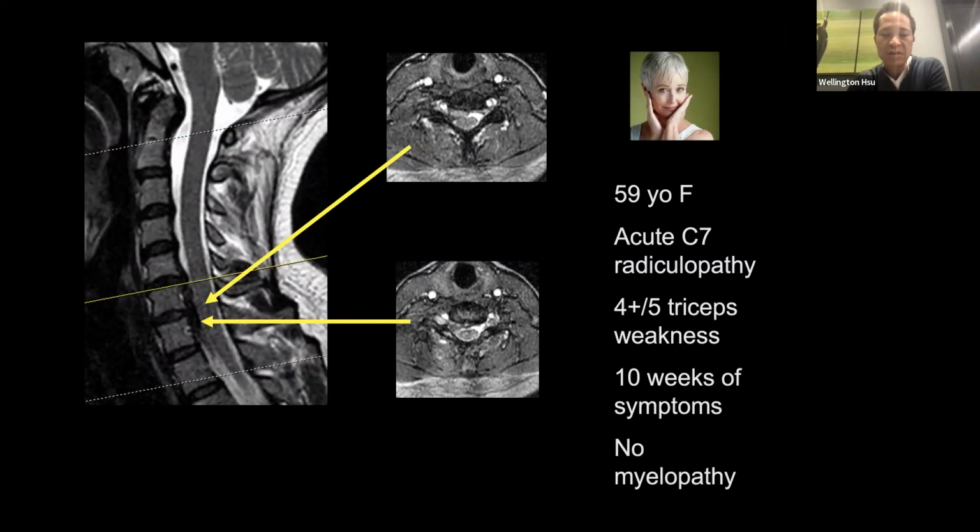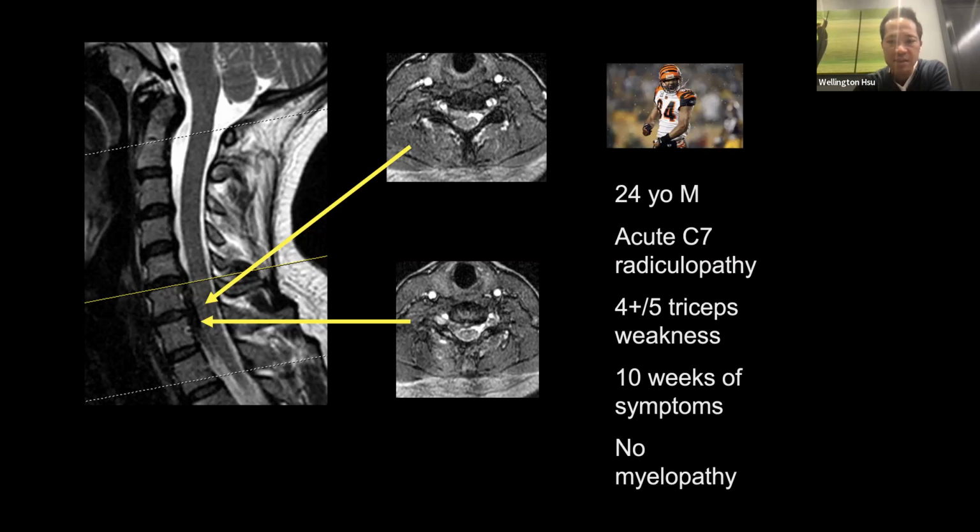So the way we treat an individual who's 59 with acute C7 radiculopathy with a mild amount of triceps weakness and 10 weeks of symptoms is going to be different than the same individual with the same disc herniation with the same neurologic exam. We know that folks with weakness may have the clock ticking at that time, so we offer them invasive treatment.